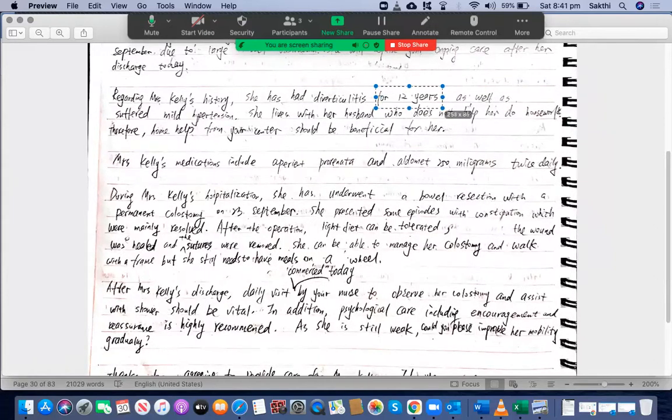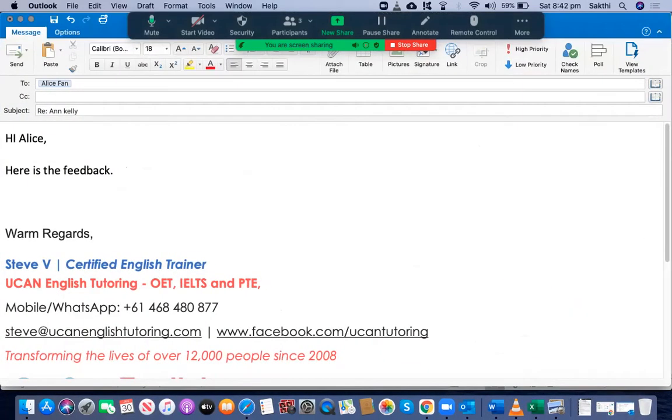"For 12 years, as well as suffered mild hypertension." No, no, no. That's not correct. Don't use "suffered" in your letter, because "suffered" is an informal phrase. And "suffer" always goes with "from".